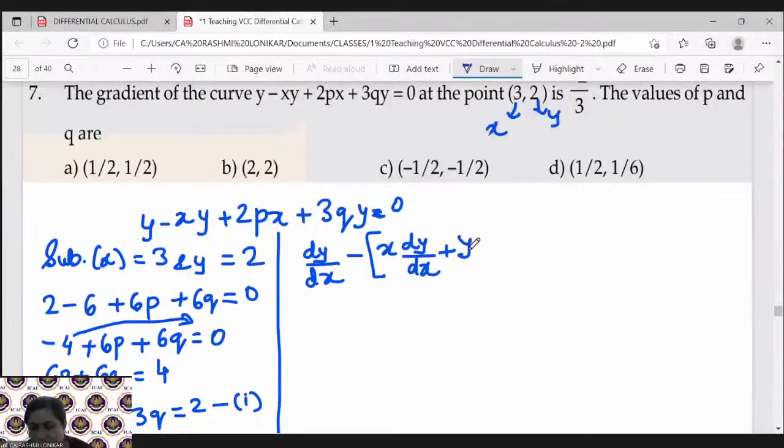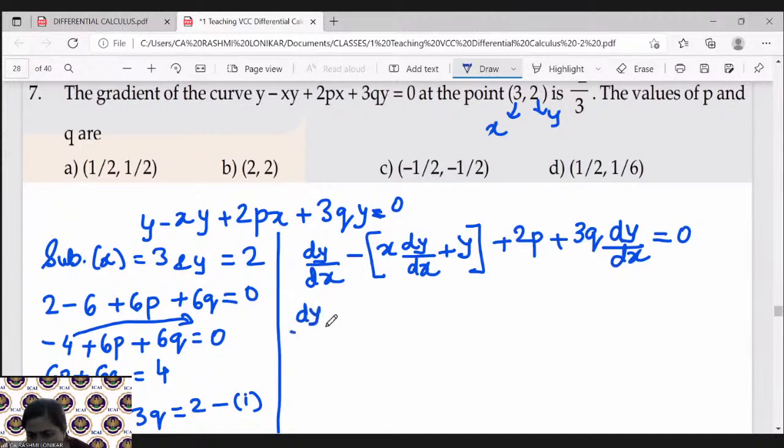First function is x, so the derivative will be y. So only 1. Plus 2px, so the derivative of 2px will be 2p. And the derivative of 3qy will be plus 3q dy by dx is equal to 0. So I take all the dy by dx together.